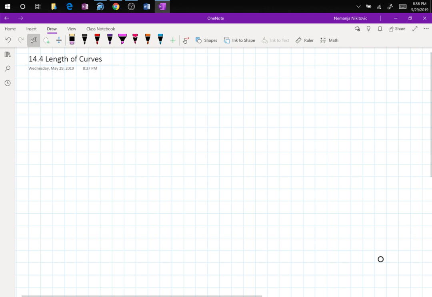Hello and welcome back to Calculus 3, section 14.4, length of curves. So we would like to know how long is the path along our vector valued function r, right? We know that r will give us position, each individual point, as time equals 1 second, time equals pi seconds, whatever.